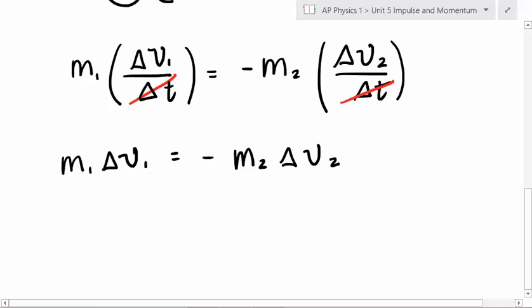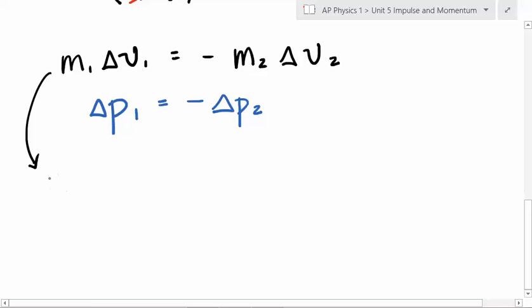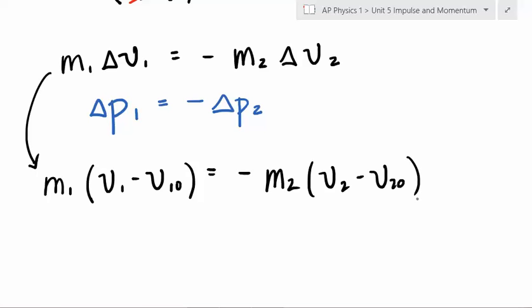Now at this point, maybe that looks familiar. Maybe that looks like the change in momentum of object 1 is equal to the negative change in momentum of object 2. Now if I wanted to continue though, then could I write this as m1 times (v1 minus v1 initial) is equal to negative m2 times (v2 minus v2 initial), where I've just expanded what the deltas are, and each object has its own initial and final velocity.